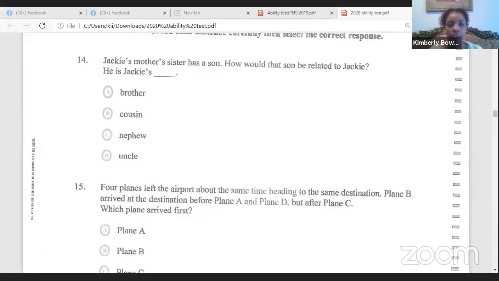Hence the PEP mental ability questions. These questions for the PEP ability test are focused on quantitative reasoning and logical reasoning. We spoke about that last week, on what is quantitative reasoning and what is logical reasoning.